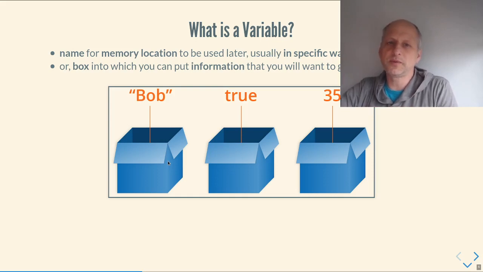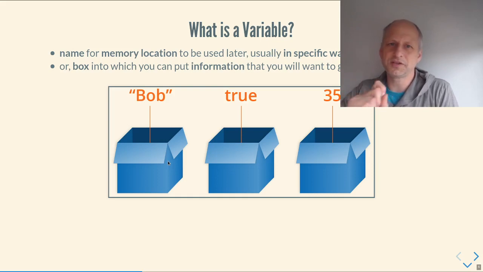There are at least two ways that we can think about what a variable is, and the first is probably a little bit closer to being technically correct, and the second might be easier to understand. So one way to think about a variable is that a variable is a name for a memory location, a spot in computer memory that stores information that can be used later.